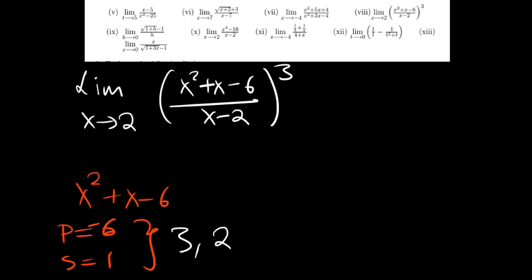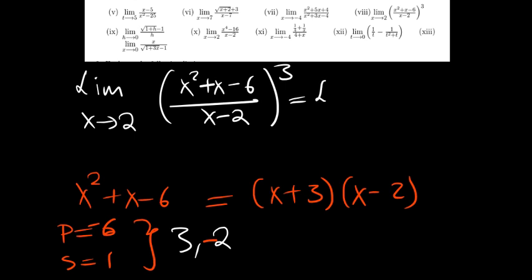Now for us to have a positive sum, it means negative 2 is supposed to be there so that we have a bigger positive number. 3 times negative 2 is negative 6. 3 minus 2 is 1. So therefore, after factorizing, you're going to have x plus 3, x minus 2.